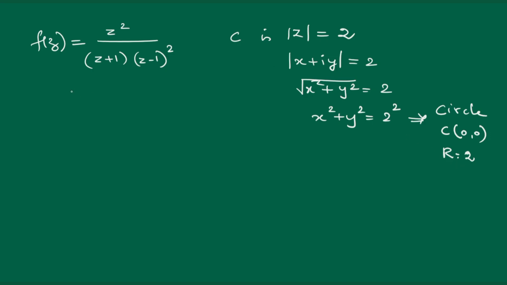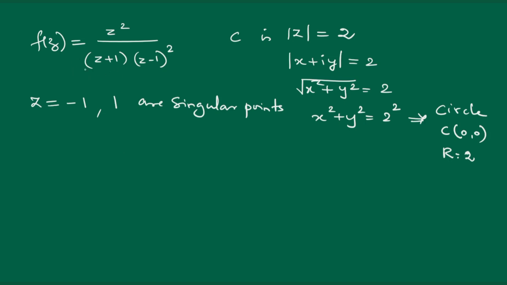Now we have to identify the singular points. What are the singular points? As usual, equate the denominator to zero to find the singular points. So z equal to minus 1 from the first term, and from the second term it will be plus 1. Both are called singular points, or poles here. While talking about poles, we have simple poles as well as poles of order m.